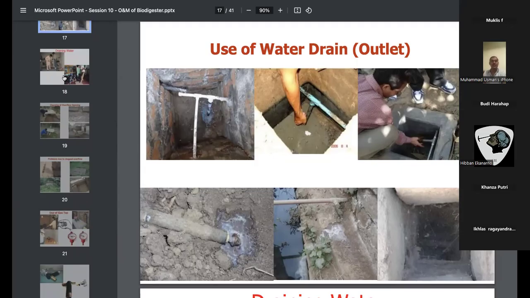So it is better to install a water drain on the gas pipeline, so that you can remove the water from the gas line frequently, and there is no issue of the gas stopping because of water.